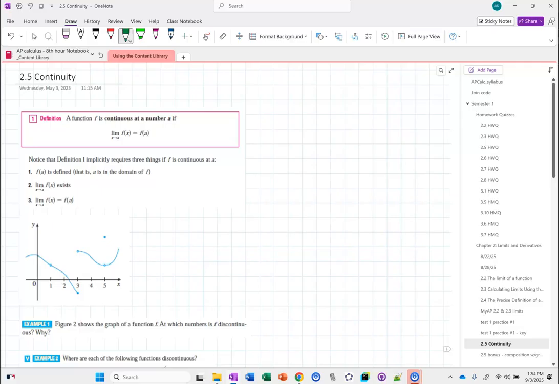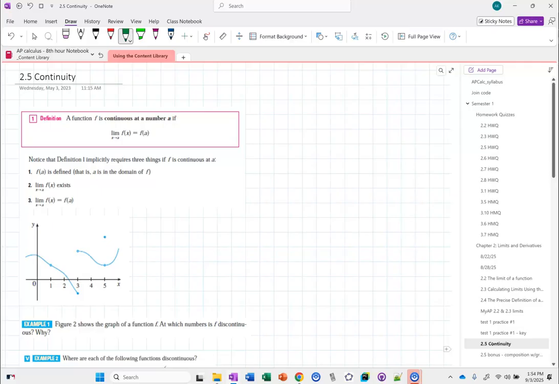So we'll start with continuity at a point. For a function to be continuous at a point, the function has to be going in to the point, has to be coming out of the point, and has to be defined at that point. Everybody agree? That means you can't have a hole, you can't have an asymptote, you can't have a jump.